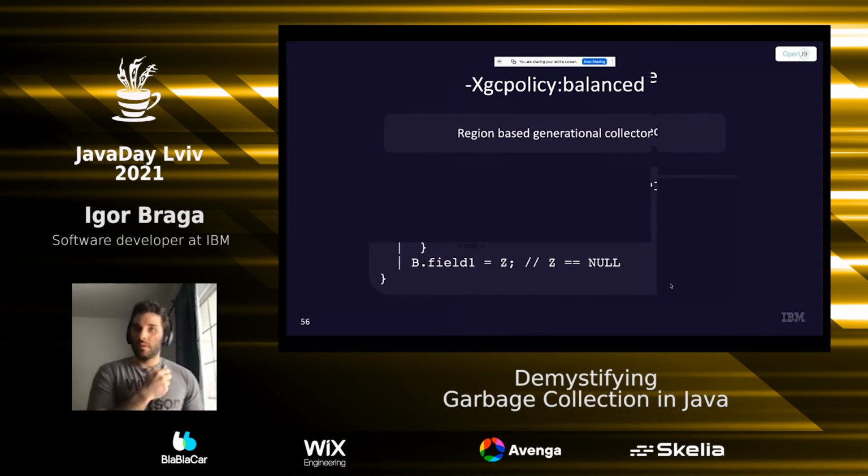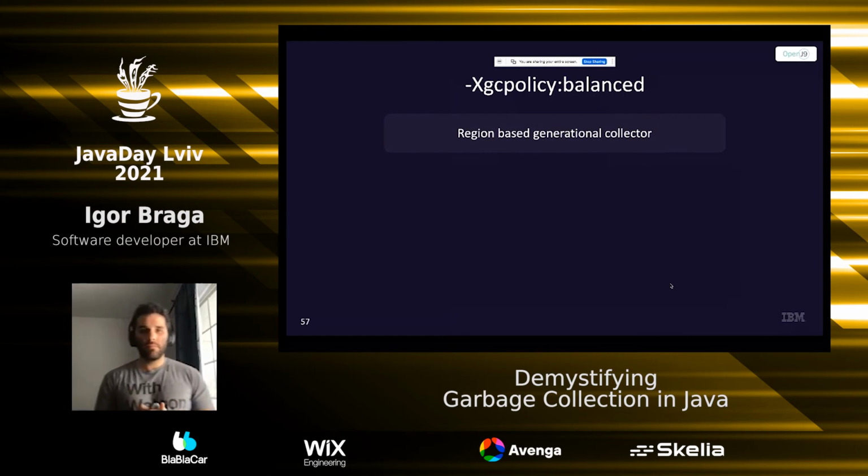Cool. Last but not least, we have our balanced policy. Let me check how we're doing on time. Okay, we're still good. Balanced is a region-based generational collector, similar to Metronome, but in this case we have regions of objects of the same size. Each region is going to have an age. If you're familiar with G1 from HotSpot, they are very similar.